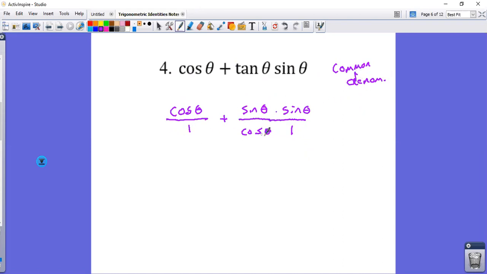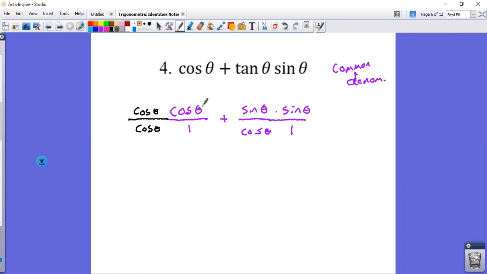So I can't add these as it is. This one has a cosine on the bottom, this one does not. So I need to put cosine in the denominator, but I can't just put cosine of theta in the bottom. I have to also put it on top because that's really not changing anything, right? I could just cancel those out. So both of them have to be in there before you can add them together.